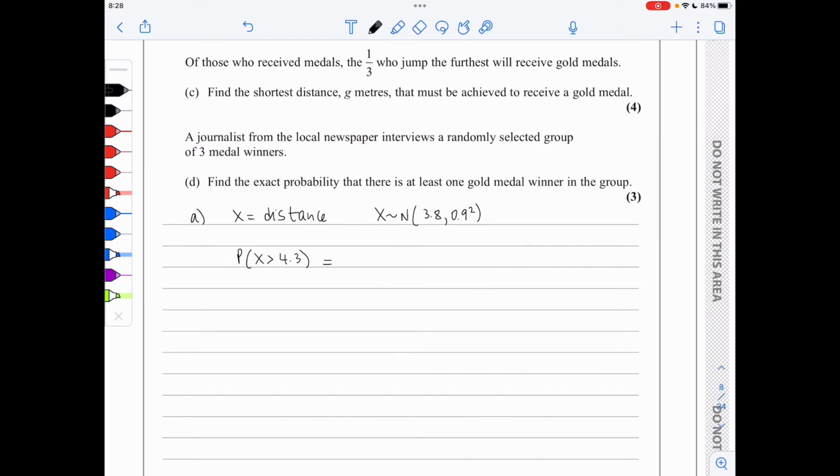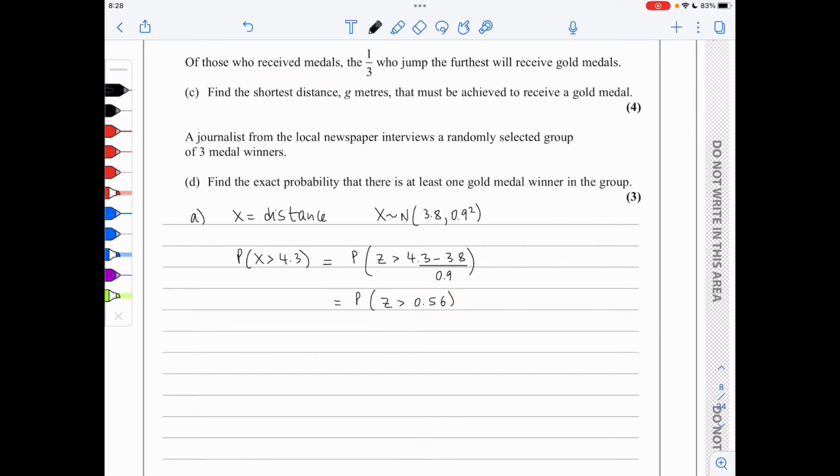We'll standardize by deducting the mean and dividing by the standard deviation. So it's 4.3 minus 3.8 over 0.9. This is the probability of z greater than 0.56. Now I'm rounding the Z value to 2 decimal places because that's the accuracy to which the normal table works at.